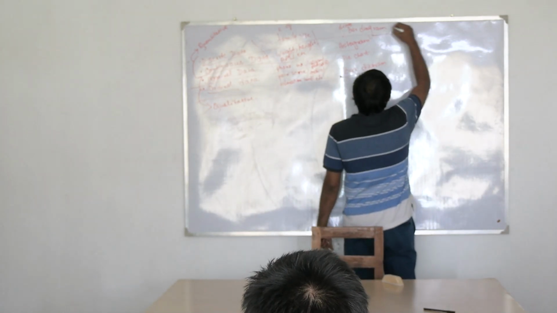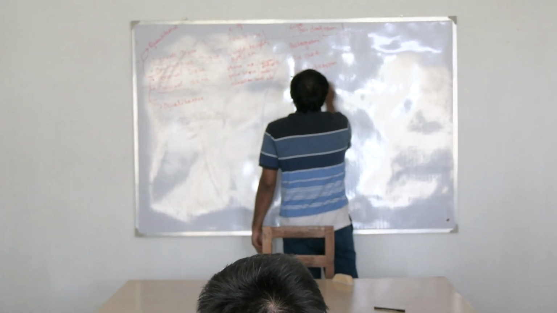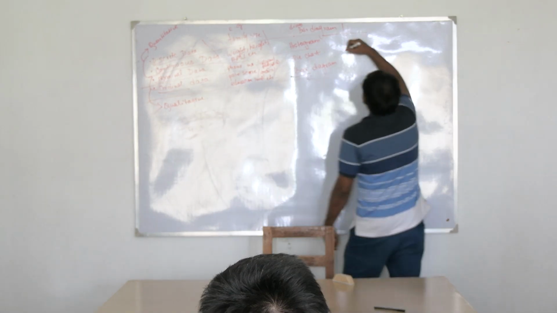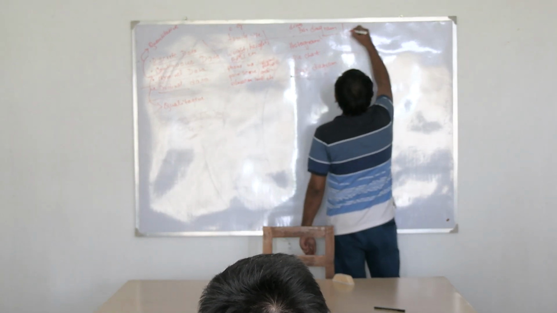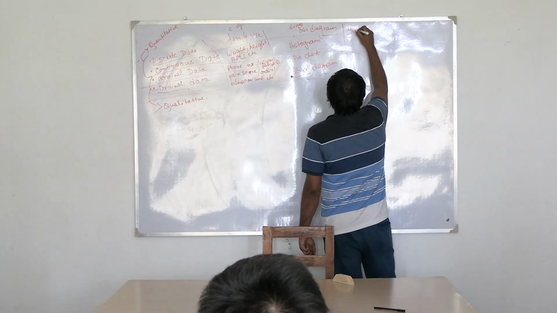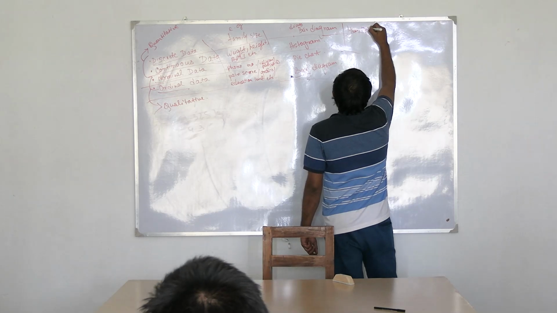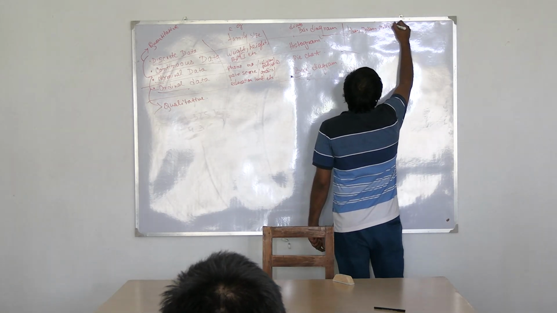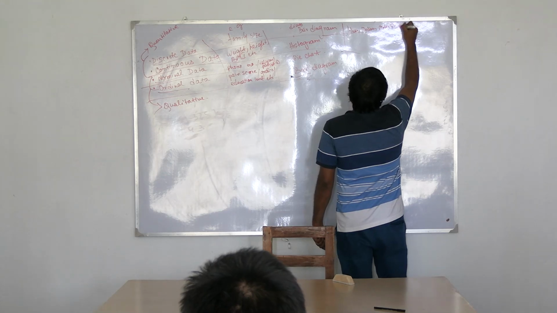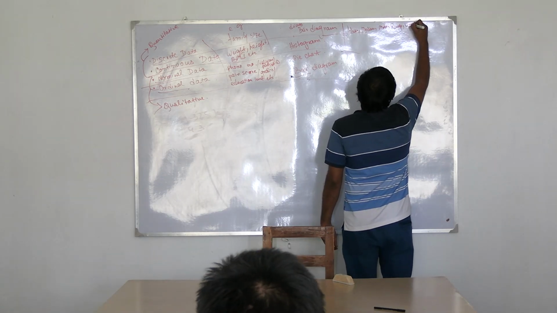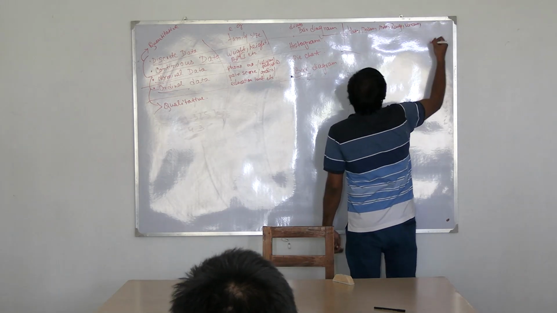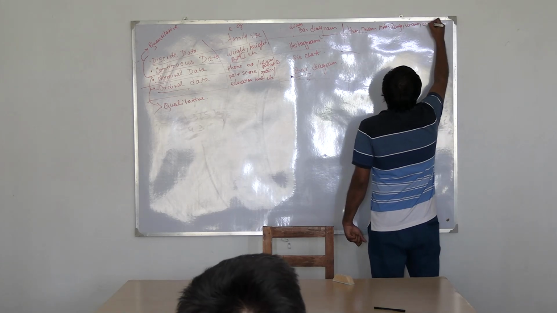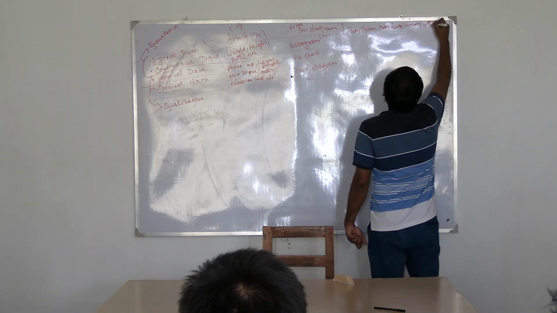Now coming to the actual analysis part. In descriptive statistics, what can we do? For discrete data, we can find the mean, median, mode, range, variance, coefficient of variation.